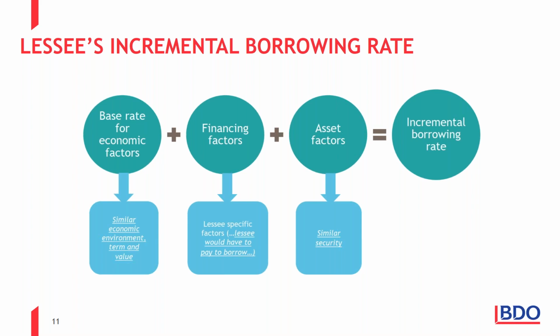It's not an incremental borrowing rate in the market as a whole, right? So lessee specific factors: what the lessee would have to pay, not what others will have to pay, what this lessee will have to pay. And then we also overlay asset factors, and that's where the similar security comes into play. So all of these things build up to coming up with an incremental borrowing rate for the lessee.